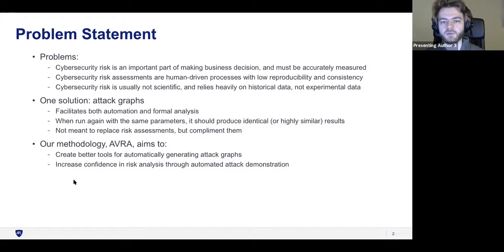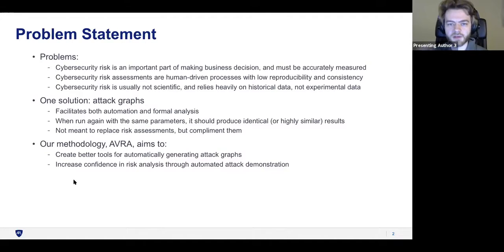So talking about vulnerabilities in this way, instead of just as the output of some vulnerability scanner or standalone things, facilitates two things, which is automation and formal analysis. So theoretically, if we do an attack graph-based analysis with some automated tool, when we run that analysis again with the same parameters, we should be able to verify results and come up with a higher confidence that we did get the right results in doing so.